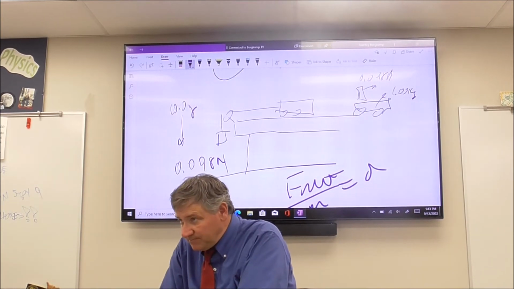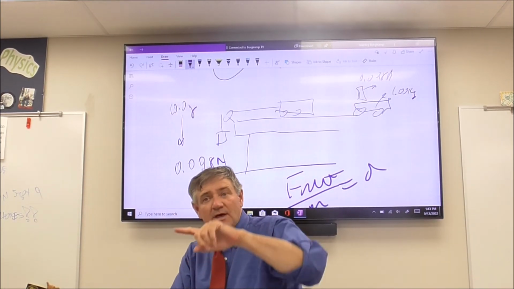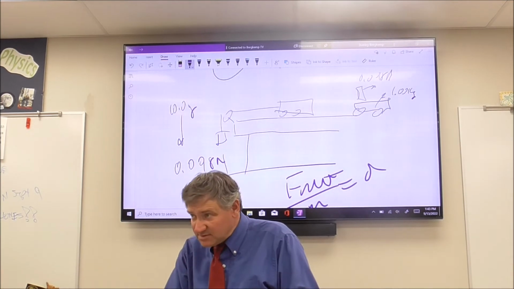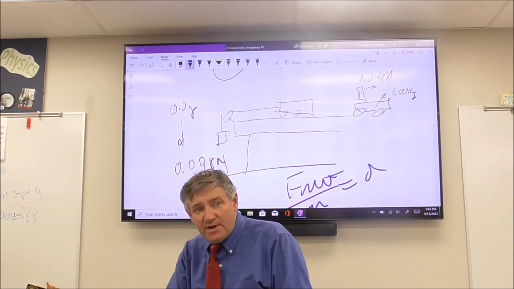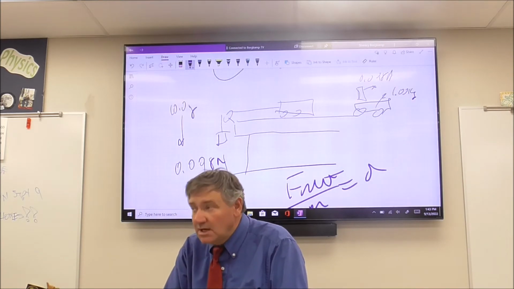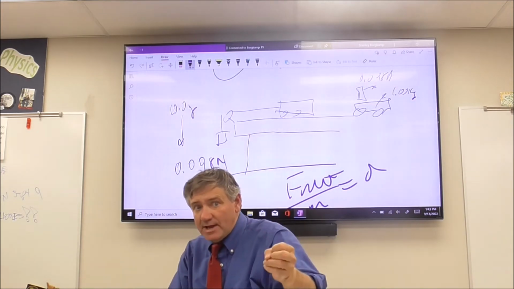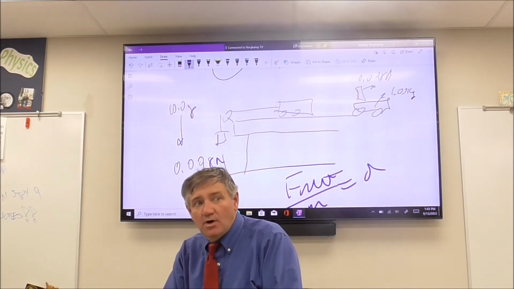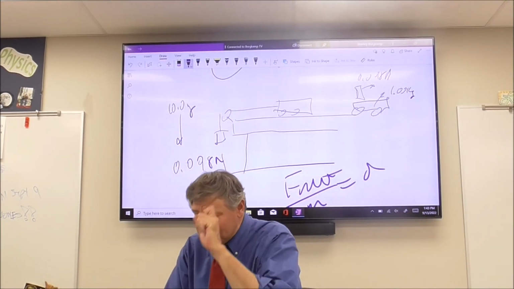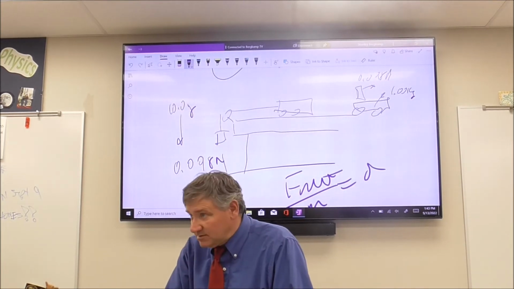getting that acceleration. So the reason that we use weights on the end of strings to do this is because that produces a very exact amount of force. I know when I take a 10-gram mass and hang that from the end of a string, I'm going to generate exactly 0.098 newtons of force.